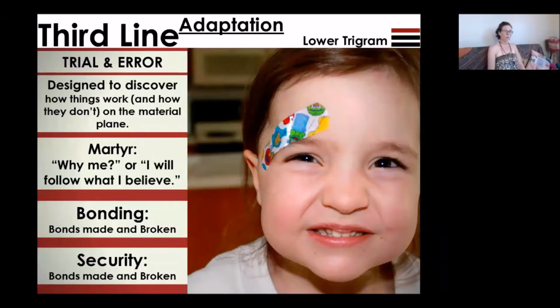Threes don't learn from book knowledge. They don't learn from someone telling them, oh, I wouldn't do that. No, they have to learn through trial and error. They have to learn through real life, you know, the school of life. And life is schooling them. It's bringing them experiences, it's bringing them people, it's bringing them different things that show them what works and what doesn't.